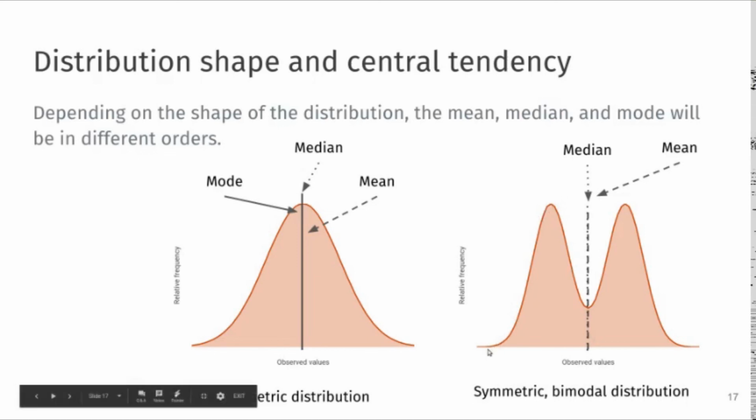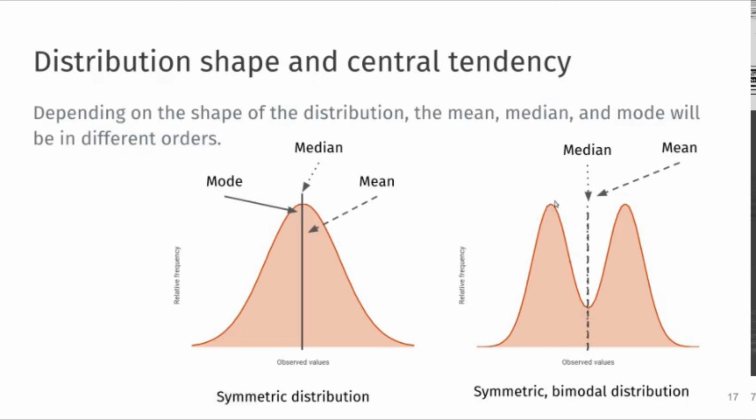Well, we could compute a mean from that, which would be fairly close to here, but because we're just cutting it off right here, our mean might be pulled out a little bit to the left.